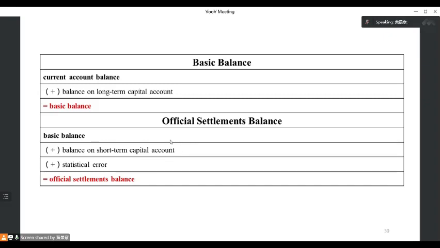We should know the relation between official settlement balance and basic balance.